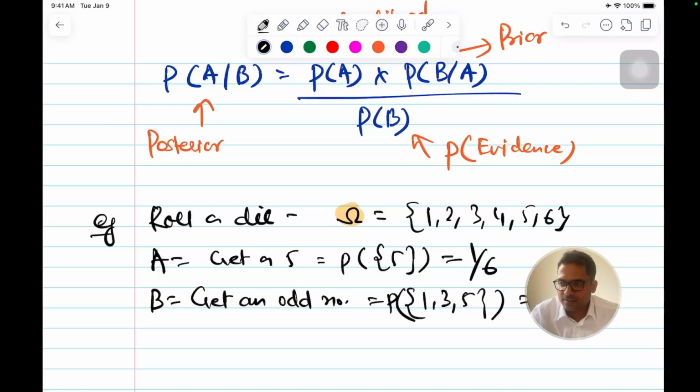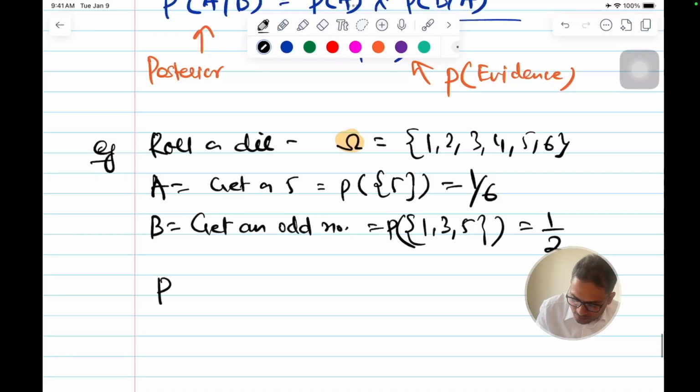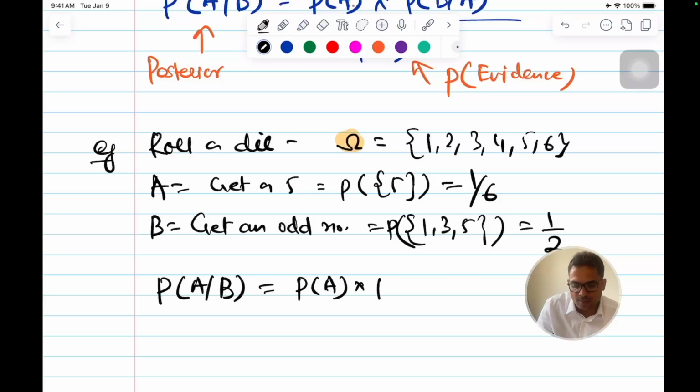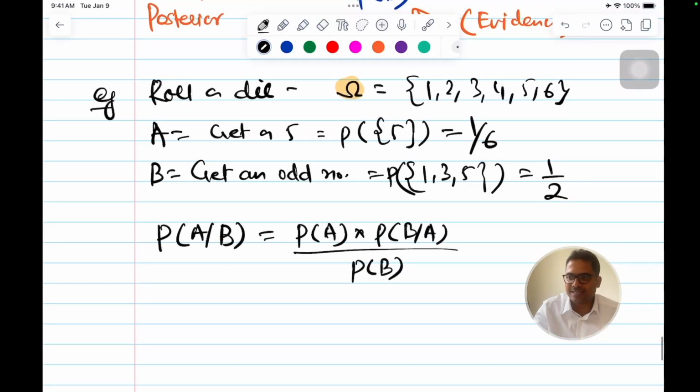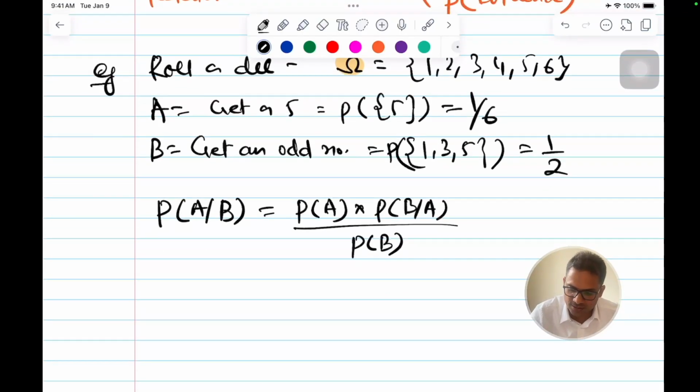Now if we want to calculate the same thing using Bayes theorem, how will we do it? Probability of A given B is probability of A times probability of B given A, divided by probability of B. We'll compute the same thing using this.